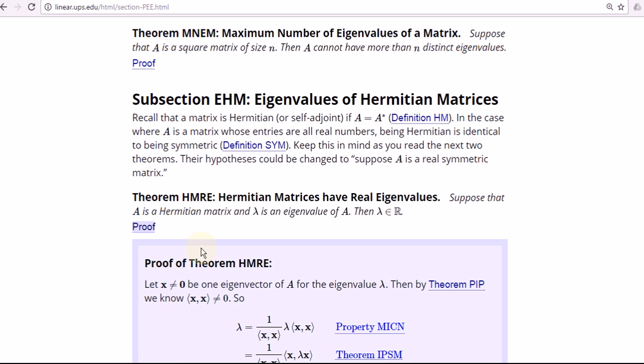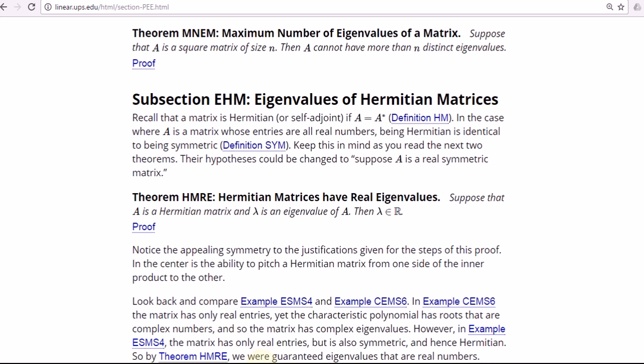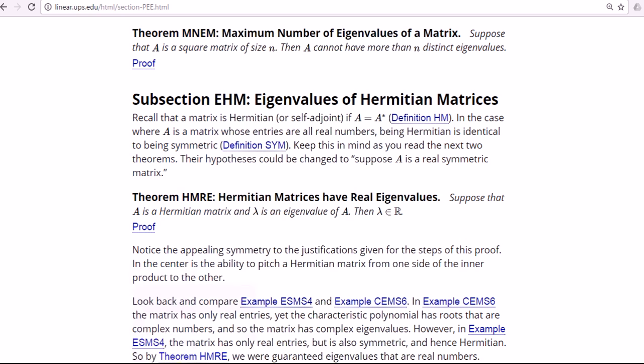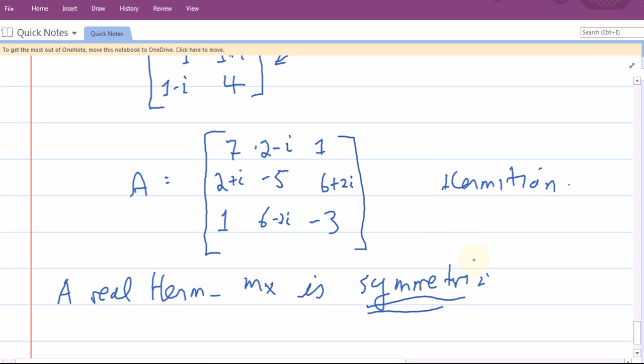All right, so let's look to see what our theorem says. Our theorem says that Hermitian matrices have real eigenvalues. Now there's a proof here. I'm going to do it a slightly different way. So I'll state it first.